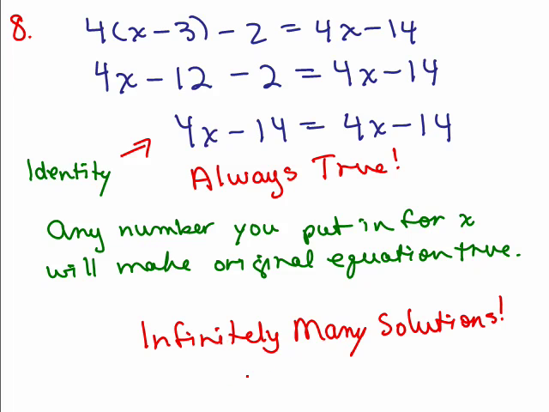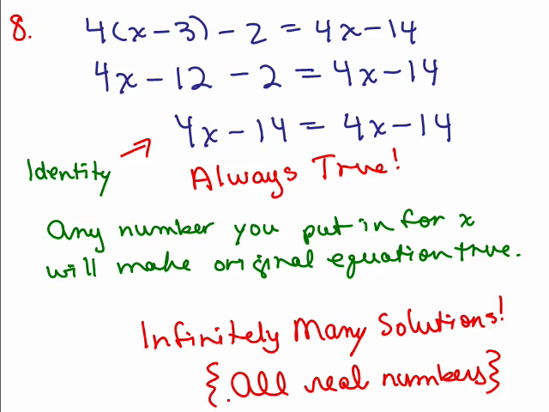Infinitely means there's as many as you want. And the answer would be all real numbers. So just to clarify, there are infinitely many solutions, but then you have to say what are all the solutions. It's any real number in the whole world, any number on the number line, in other words.